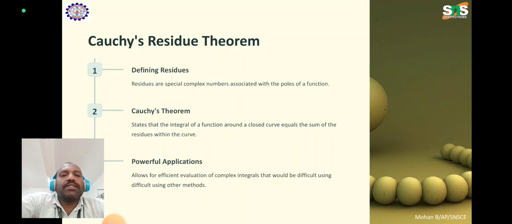Using Cauchy's theorem, the integral of a function around a closed curve deals only with the closed curve and equals the sum of the residues within the curve. The powerful applications allow for efficient evaluation of complex integrals that would be difficult using other methods.